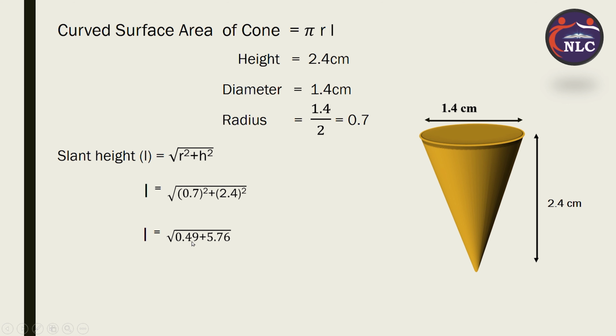Sum of this will be L is equal to under root 6.25. That answer will be 2.5. The slant height is 2.5.